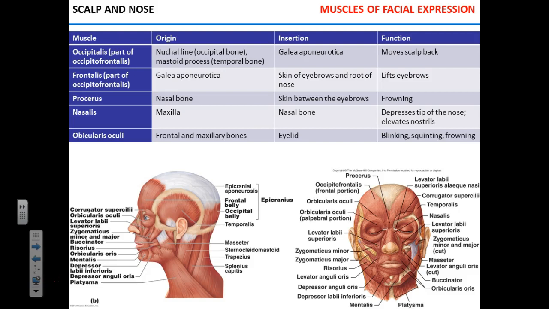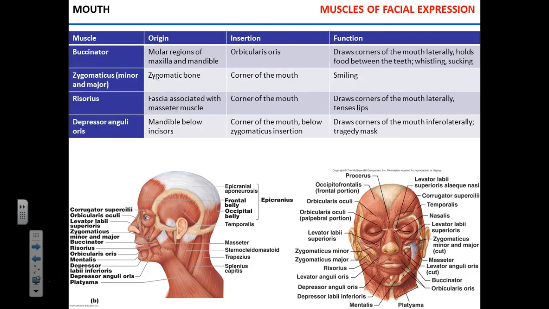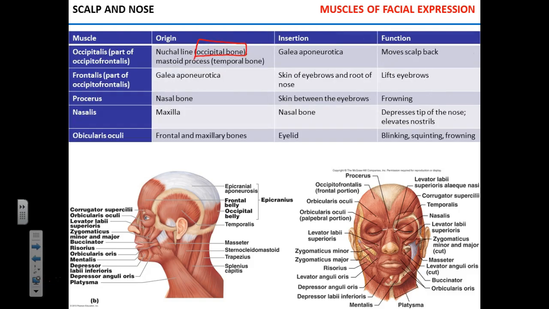So, scalp and nose. This muscle right here is called occipitofrontalis. The occipitalis part. I highlight the most important parts because often the origin is large.